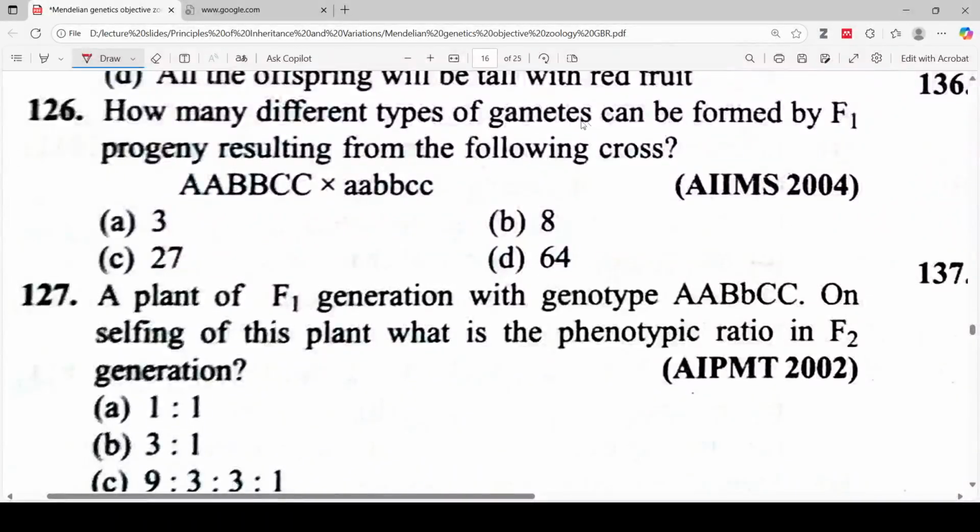How many different types of gametes can be formed by F1 progeny resulting from the following cross?